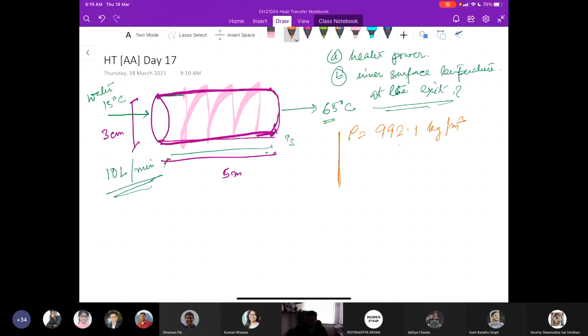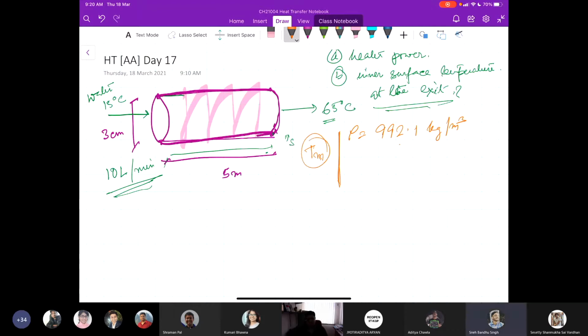You have to find a table where the water properties are mentioned, kind of a steam table, and read out these values at a particular temperature. So at which temperature would you look out for these values?